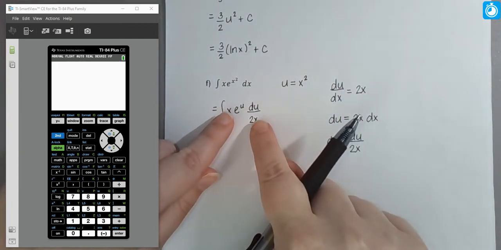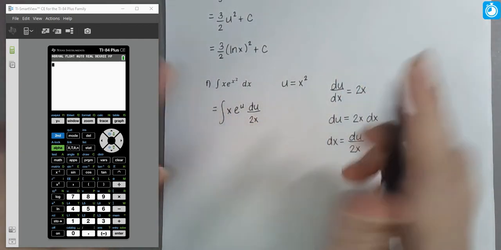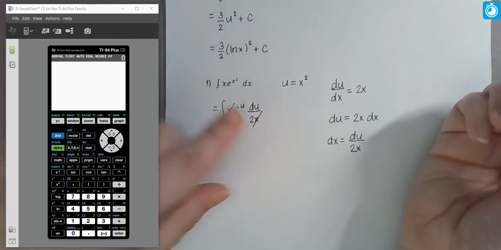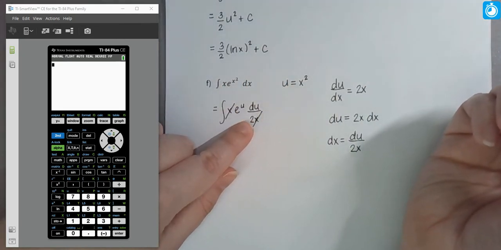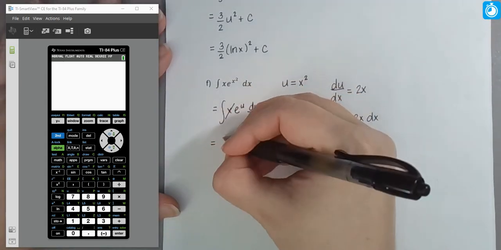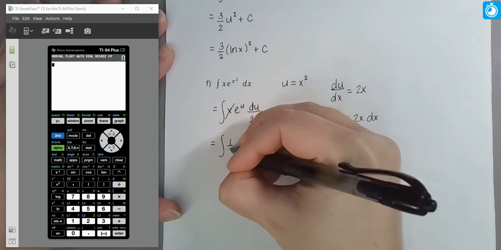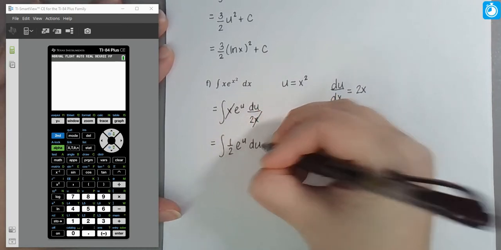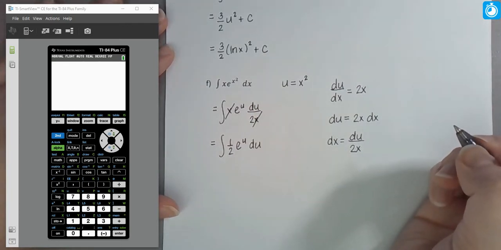Okay, the remaining expression involving x divides out, is eliminated, which just leaves us with that 2 in the denominator, which is not a problem. So 2 in the denominator is the same thing as a factor of 1/2. So we have 1/2 times e to the u integrated with respect to u.